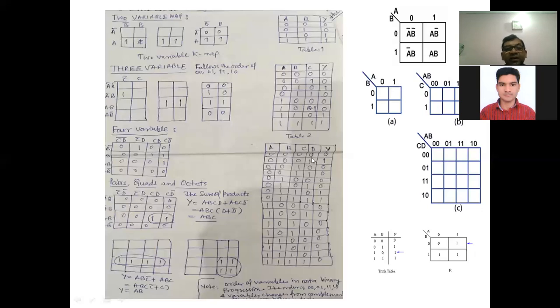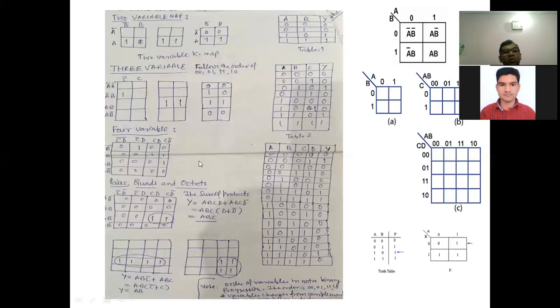So this table can be represented in various ways using a K-map. For example, for 4 variables, this will be C bar D bar, C bar D, CD, CD bar. Similarly, A bar B bar, A bar B, AB, and AB bar.